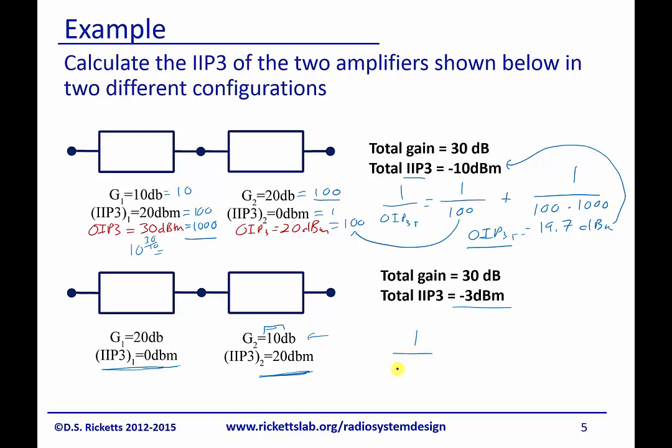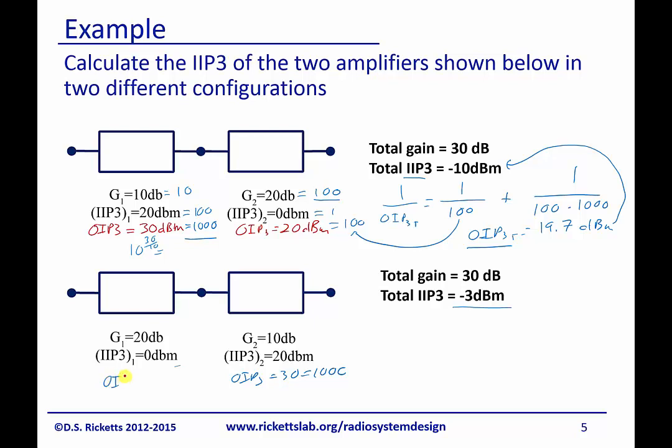So we're going to have 1 over 100, that's coming from this stage, plus 1 over 10, that's the linear version of the gain, times... I'm sorry, let me calculate that really quick. OIP3 is going to be 30, which is 1,000.